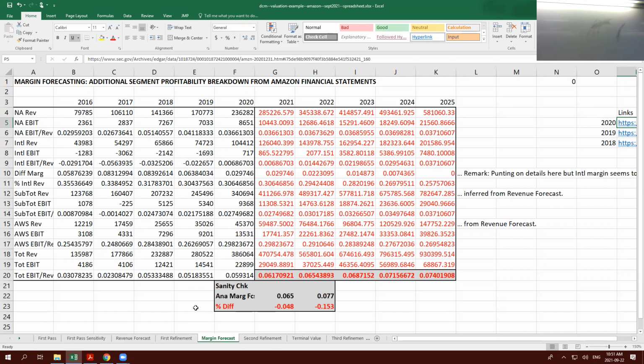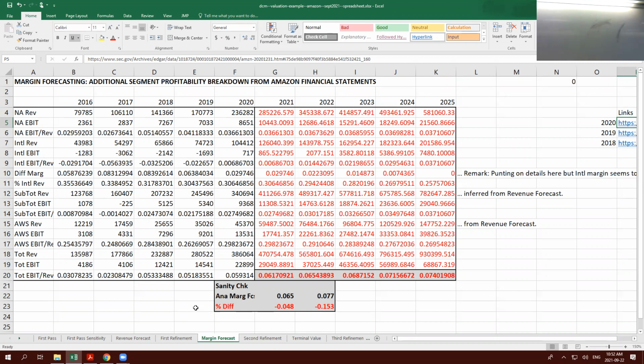But this is actually the main reason I picked Amazon: I do know that Amazon gives a bit more information. Not a lot more information, but a bit more information that's extremely useful and very material in this context.